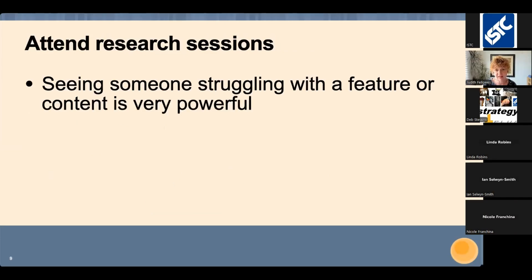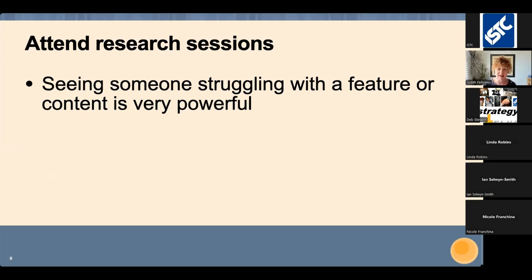So attending research sessions, well, what we do know is that seeing someone struggling with a feature or content is very powerful. And I've had this happen so many times that a stakeholder's been adamant that they want something and it's really important and they have to have it, and then they attend one research session and like, oh no, that wasn't a good idea, was it?